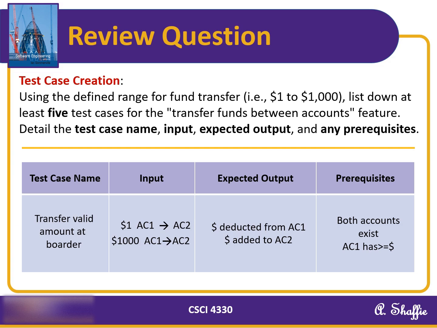Both accounts exist and account 1 must have a balance greater than or equal to the transferred amount. This test ensures that the system accurately processes transactions at the lower and upper limits of the valid amount. Testing these boundaries is critical to catching potential edge case issues.